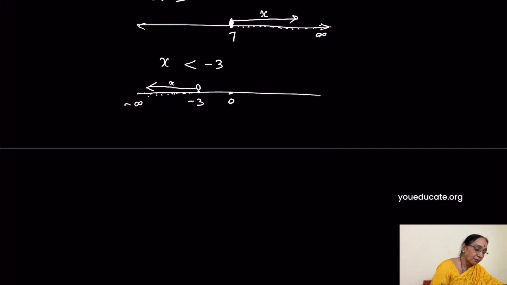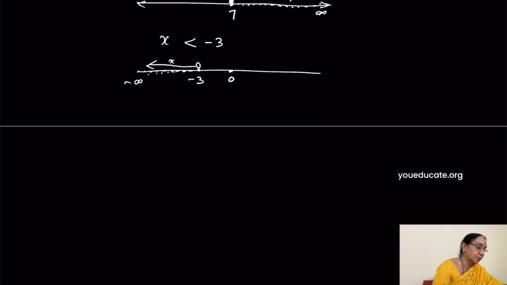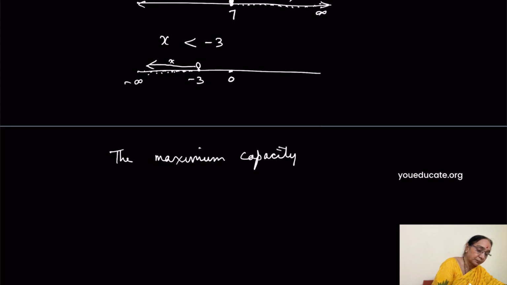Now we will use this in real life situations. Now how do you write the maximum capacity of an auditorium is 250 people?